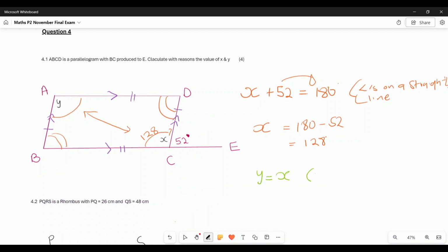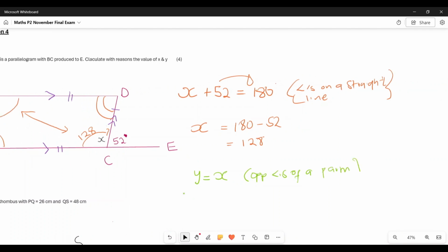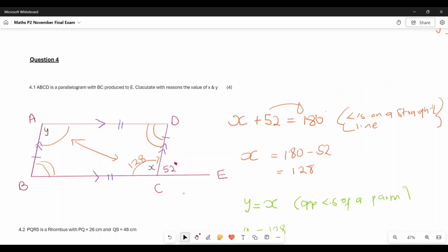And my reason is that these are opposite angles of a parallelogram. Now, as a result, my y is also going to be equal to 128. And that will be all for this video.